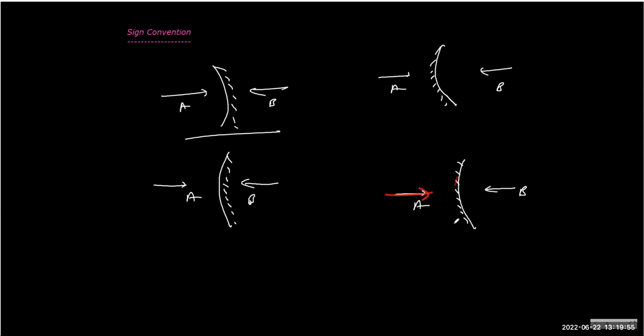How will the light ray come here? Light ray always comes on the reflecting surface. So third case B and fourth case B. Oh, this is the same. I drew the same diagram. Oh, my bad. I should have drawn something like this. Anyway, the whole idea is you should be able to understand from which direction the light ray can come.